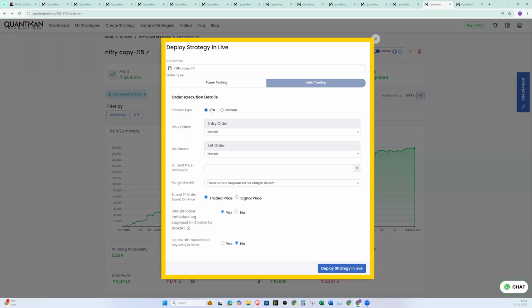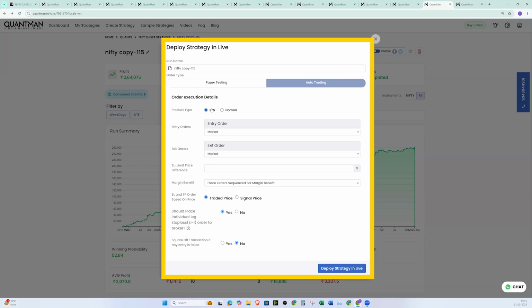So your Quantman exit timing should not cross 15:15. If you deploy the strategy with exit timing 15:25 as an MIS order, the broker RMS will square off your position around 15:15 to 15:20, but Quantman doesn't know.